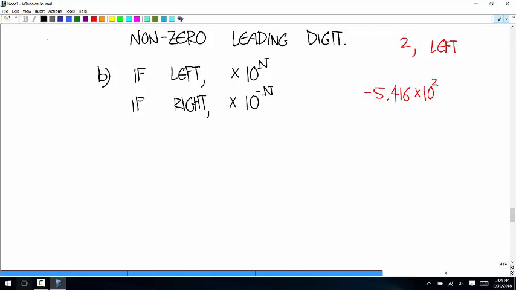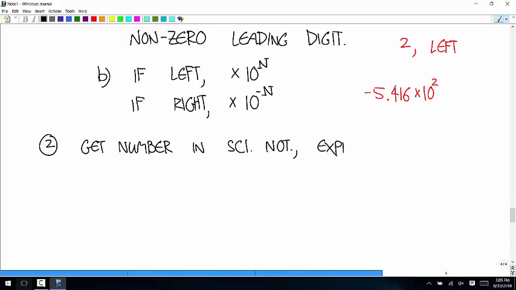We also need to be able to go from scientific to standard. So the second thing we need to be able to do is get a number in scientific notation and express it in standard notation.